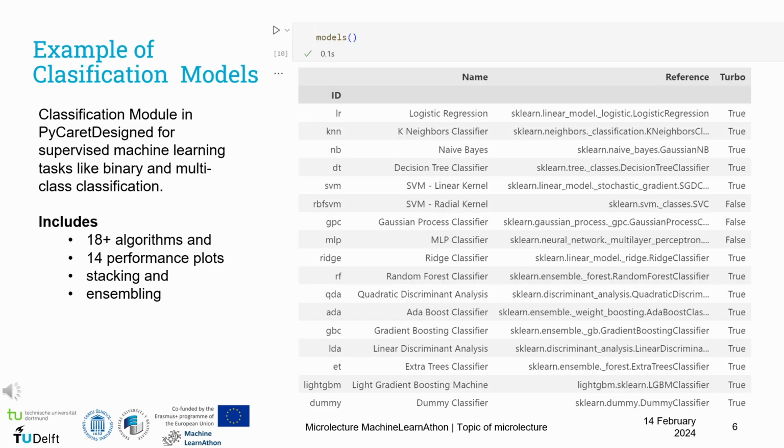The classification module supports over 18 algorithms, 14 performance plots, and advanced features like stacking and ensembling. It also includes XGBoost, widely cited as the most popular algorithm for tabular data in studies by Kaggle 2021 and Rexer Analytics 2023.